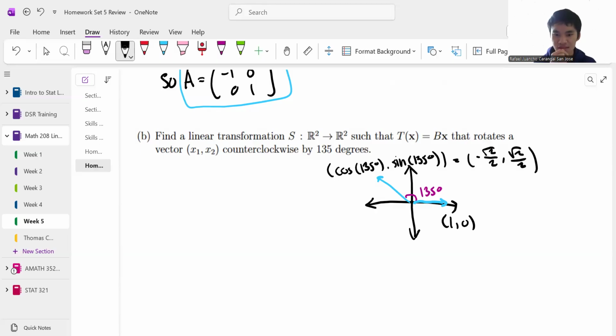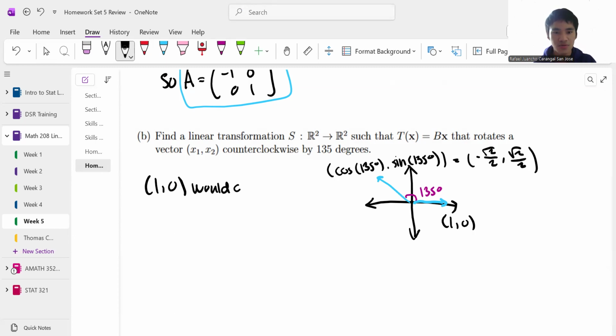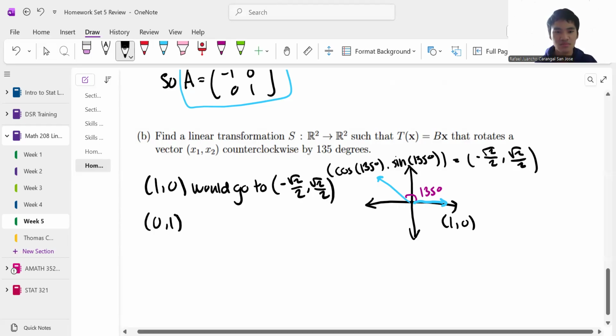Anyways, let's think about that. So this one would go, so it's really just removing a bunch of things around, would go to that. And then maybe another idea is 0, 1. Where would that go?